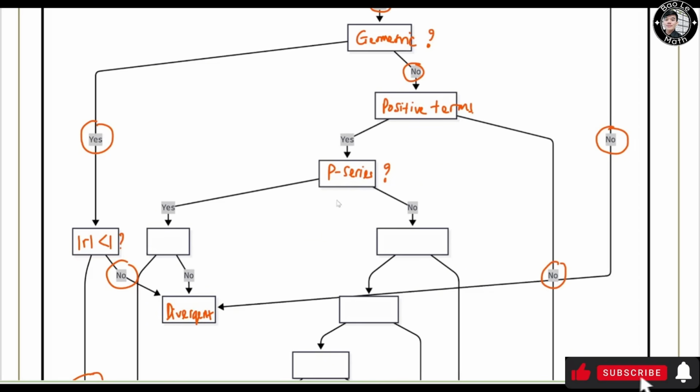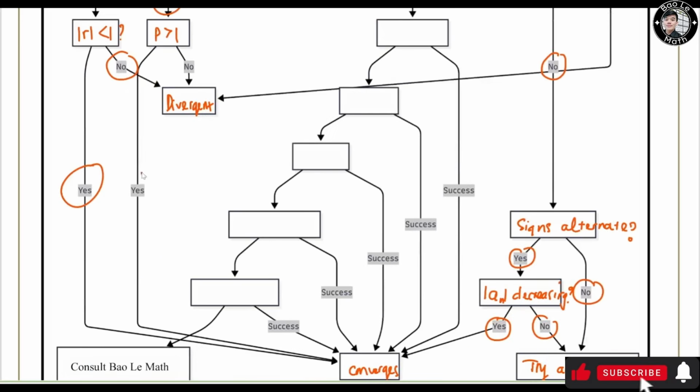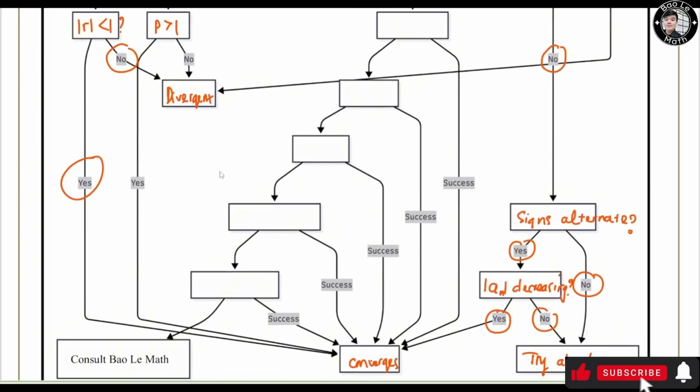You check to see if this series is a p-series. If it is, check to see if p is greater than 1. If yes, the series converges. If no, the series diverges.